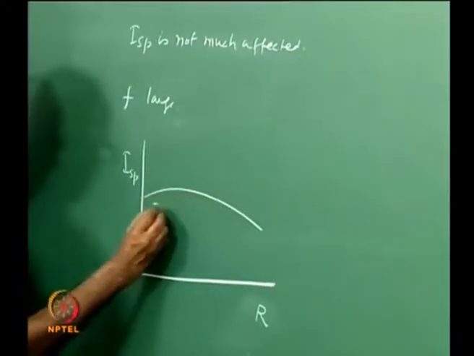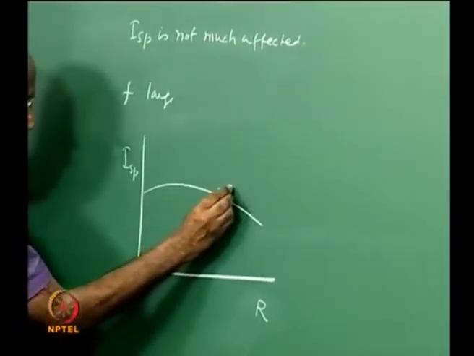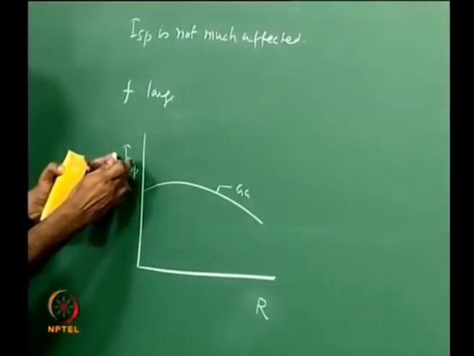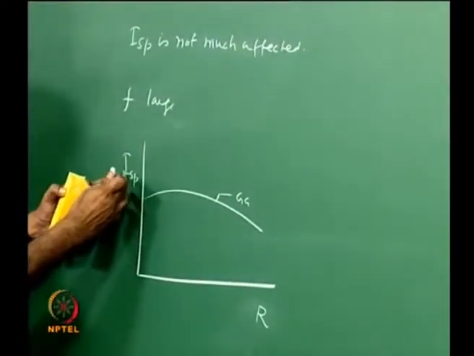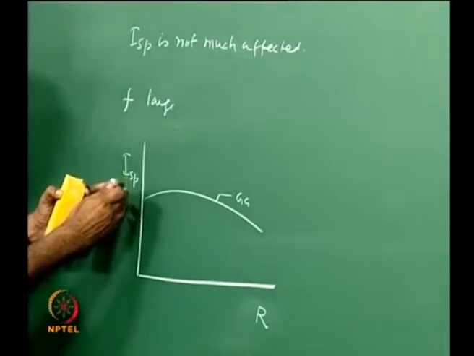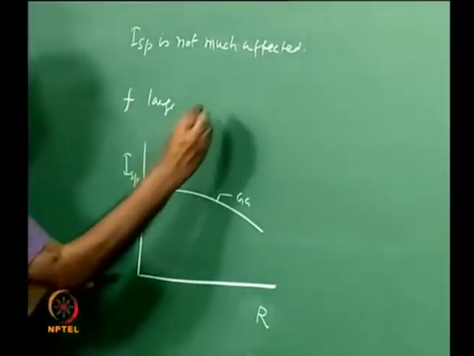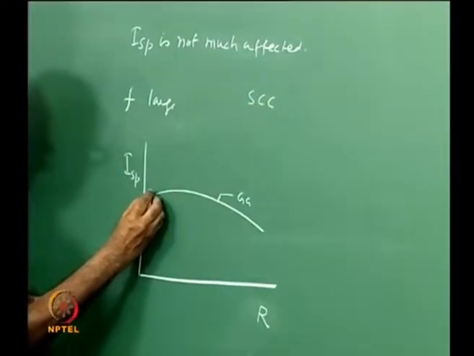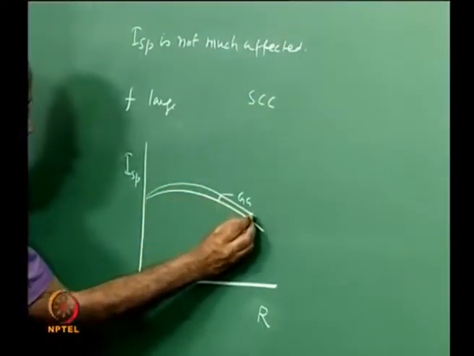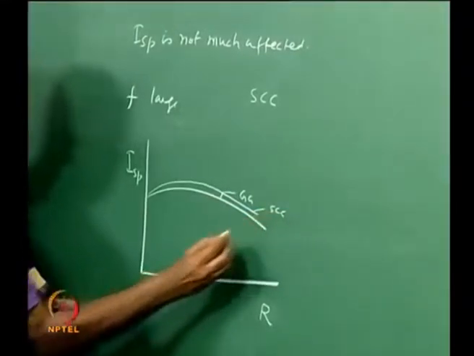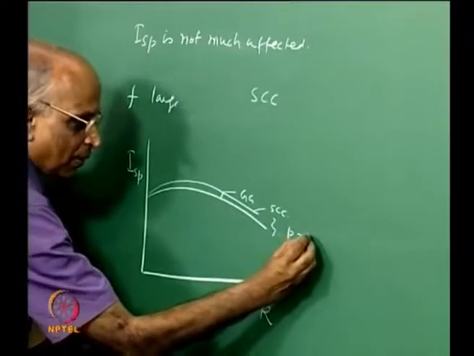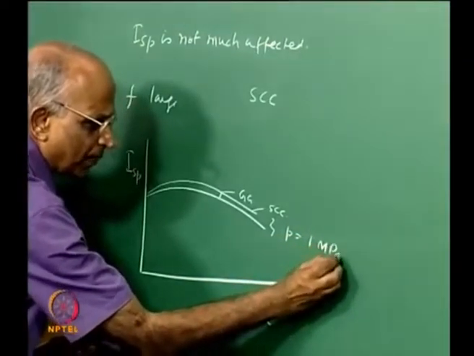If I were to plot for a GG cycle, this is there, whereas if I allow the net propellant without bypassing the gas generator directly into the chamber, like in a stage combustion cycle, maybe I will get a small increase for the stage combustion cycle. This is the value at low pressure, let us say pressure is equal to 1 MPa, 10 bar.